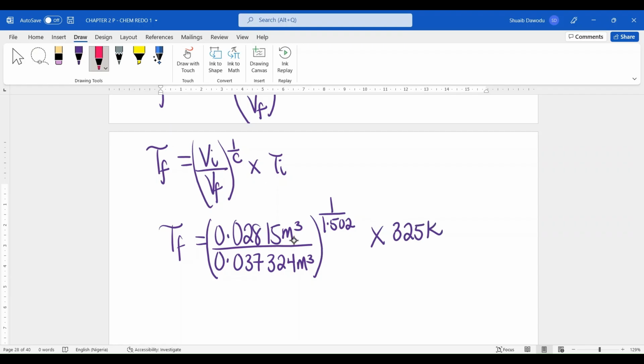We cancel out the meter cube. So T final would be 0.02815 divided by 0.037324, which is simply 0.75421, and then raised to the power of 1 divided by 1.502, which is 0.666, times 325 Kelvin.